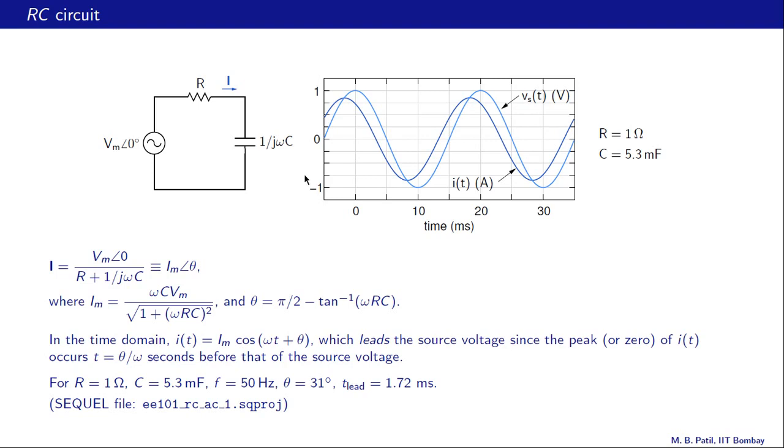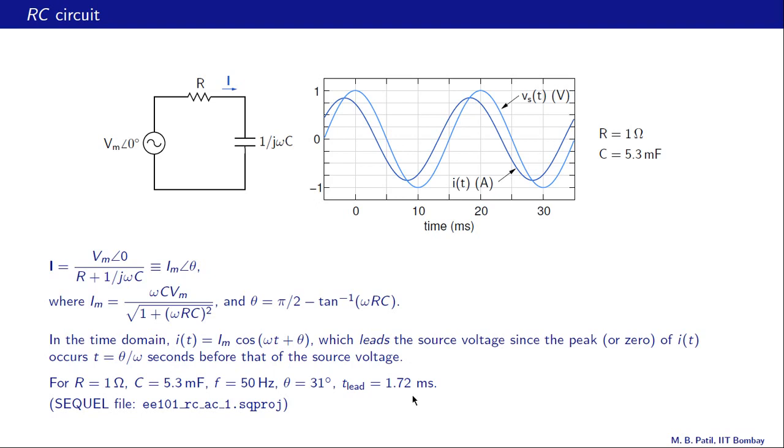Okay, let us look at the plots now. This light curve is the source voltage, 1 angle 0, and it goes through its peak at t equal to 0, because that's the cos function. This dark curve is the current, and that goes through its peak when t is equal to minus 1.72 milliseconds, as we just discussed.